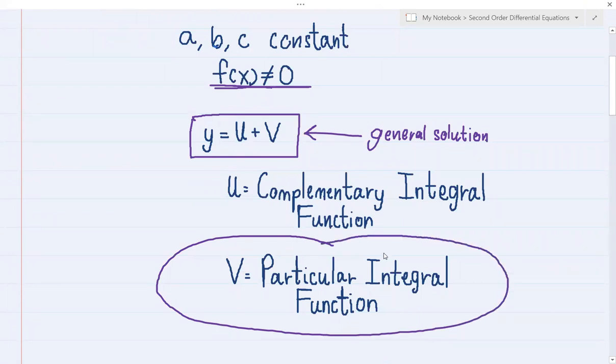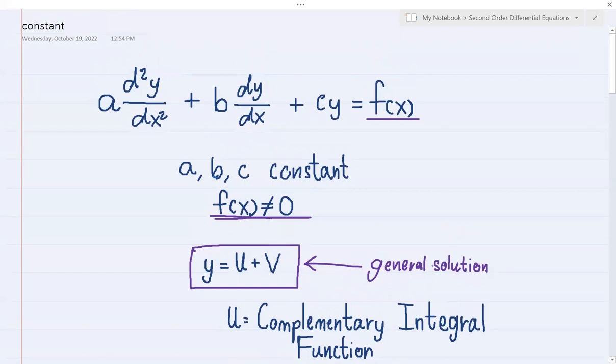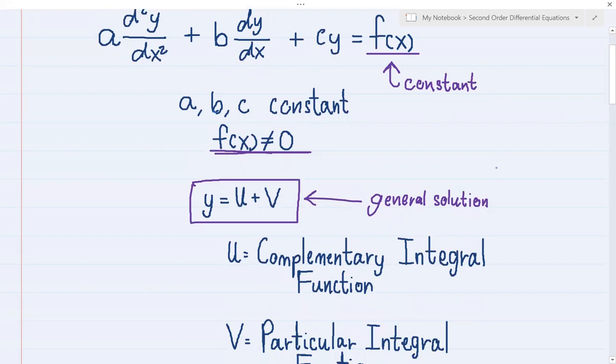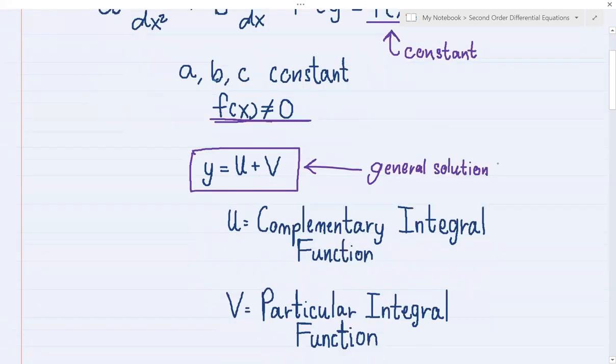Okay, so let's first discuss the easy one. What if your f of x is a constant function? What are you going to do? That's the thing that we're going to talk about.